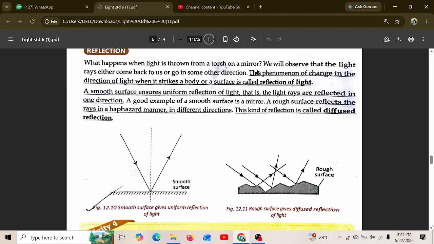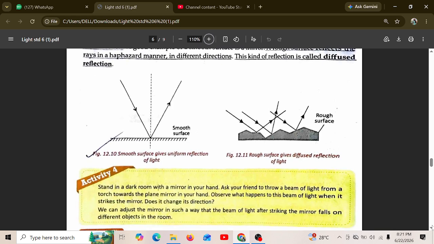They are not in a proper format. They go in a haphazard way, in different directions. They are not going in the same direction, if you see. So it depends on the kind of surface the light is reflected on. Okay, so remember this.